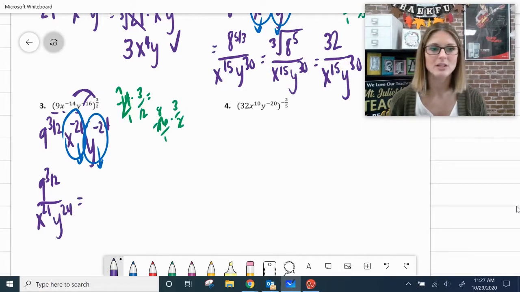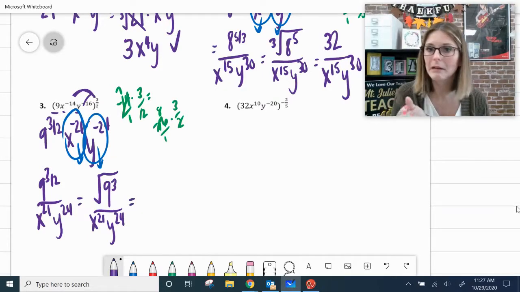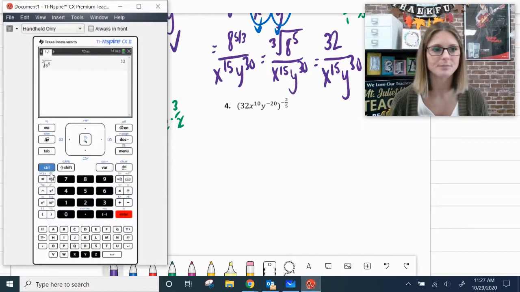And using today's lesson, I'm going to change my rational exponent to a square root. It is a square root. I don't have to write the 2. Square root of 9 to the 3rd over x to the 21st, y to the 24th. Not sure what the square root of 9 to the 3rd is, so let me grab my calculator. Control.